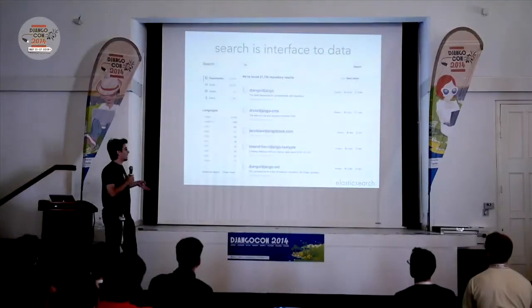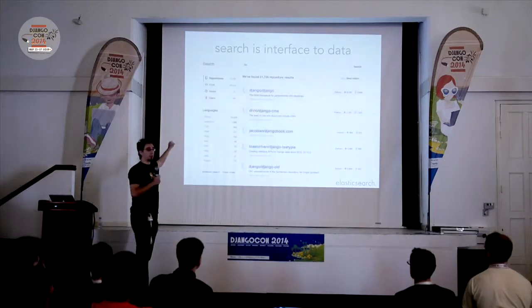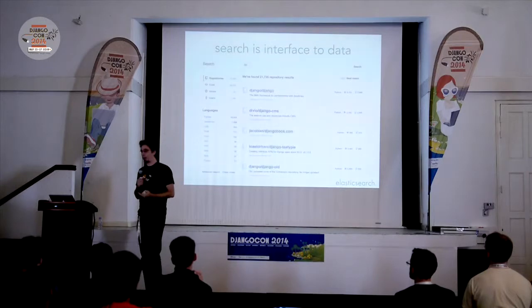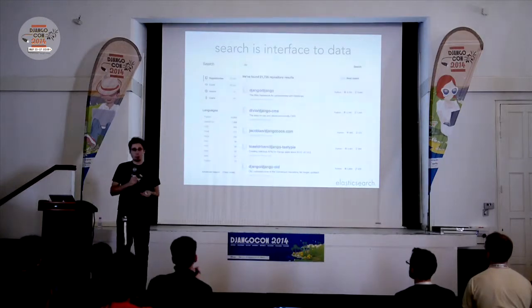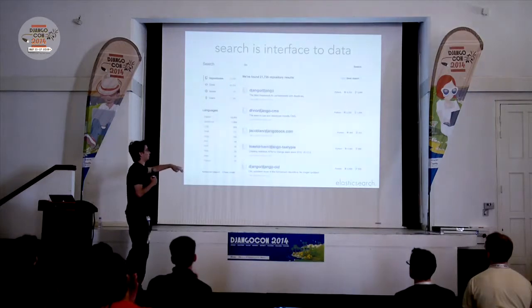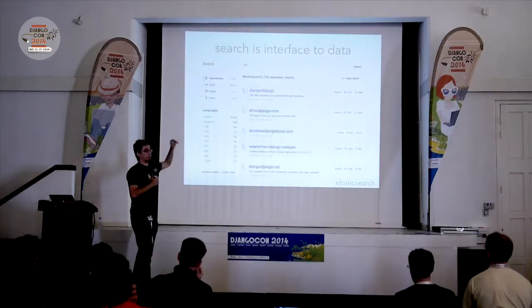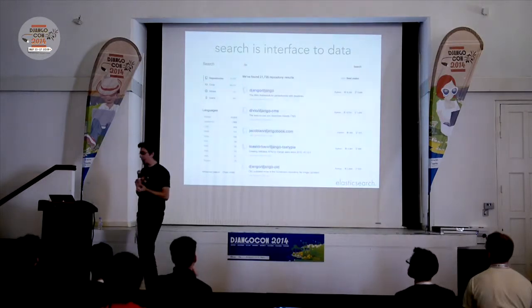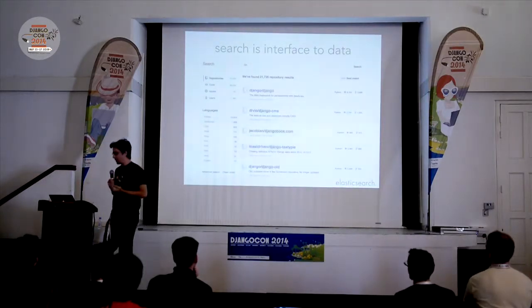So what is this search that we will actually be talking about? The end result looks something like this. It's an interface to data where you type something in, you have some other controls, and you get the results back presented in a clean and nice way that includes all the information that you're interested in. So not just the actual results, but also the number, sorted by best match. You can highlight the snippets that actually match within the documents or within the results.